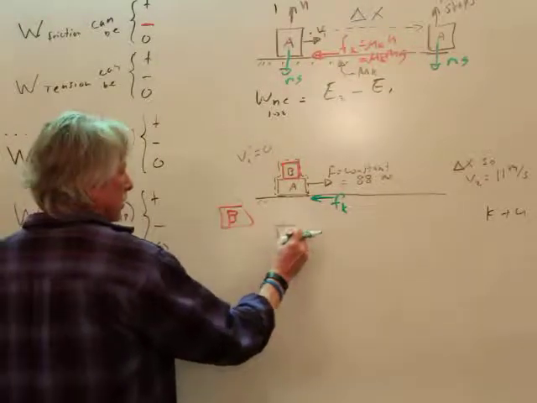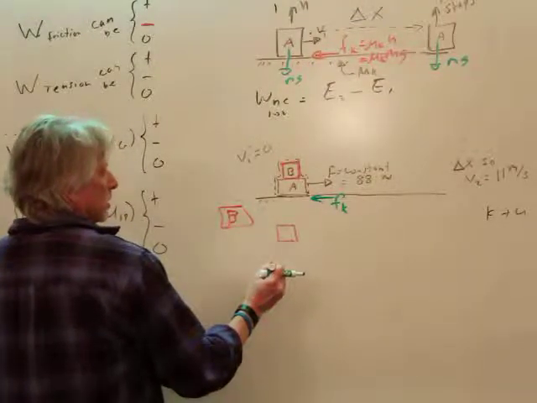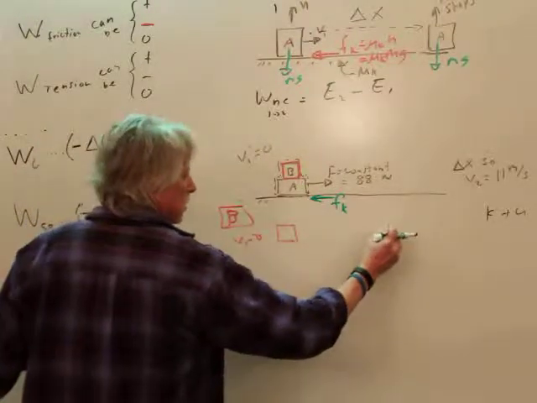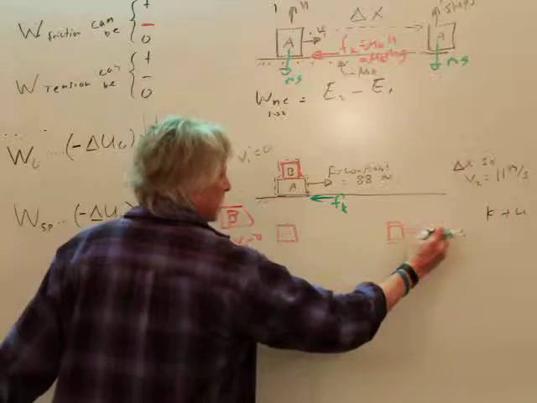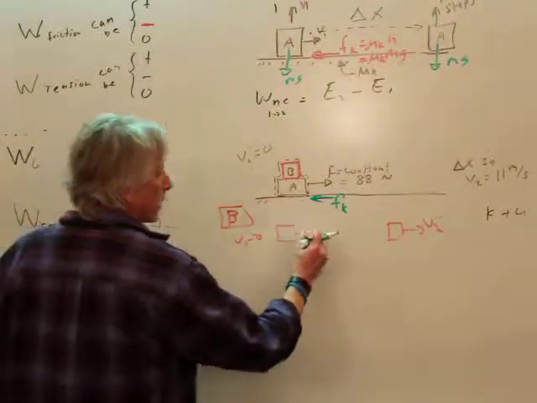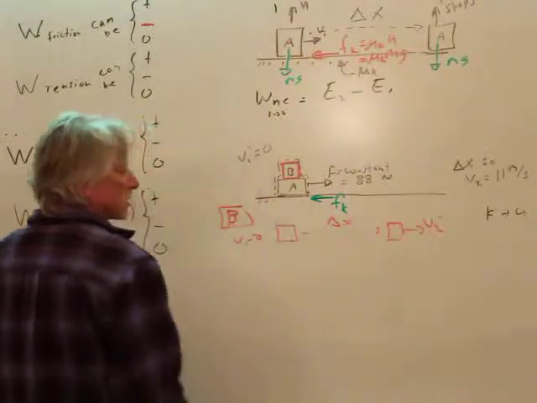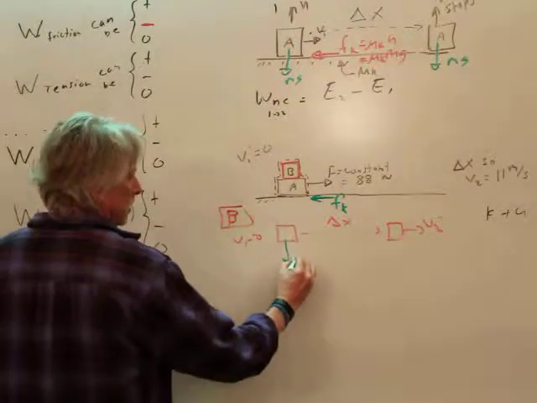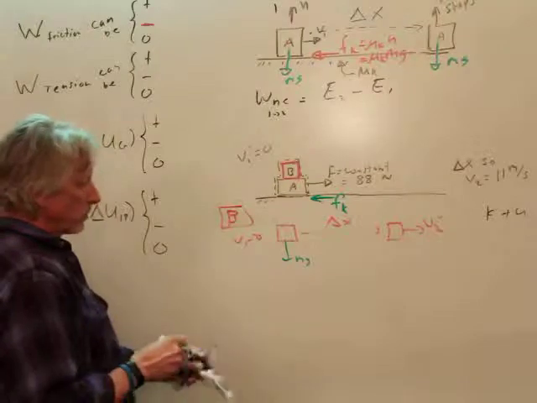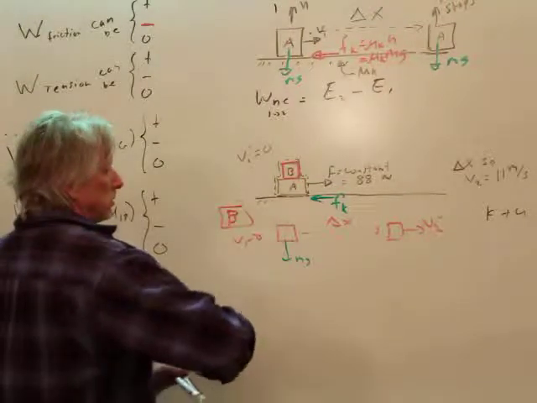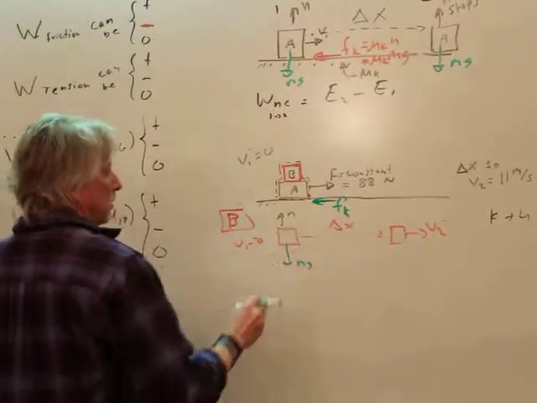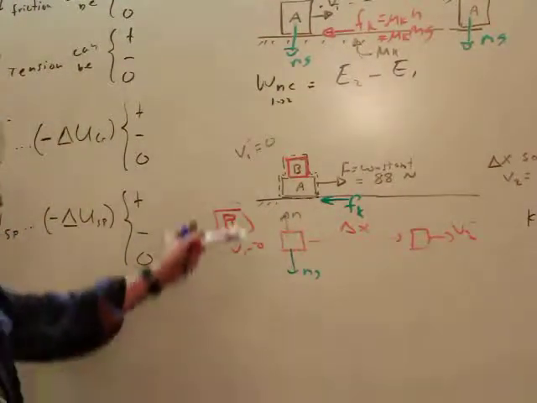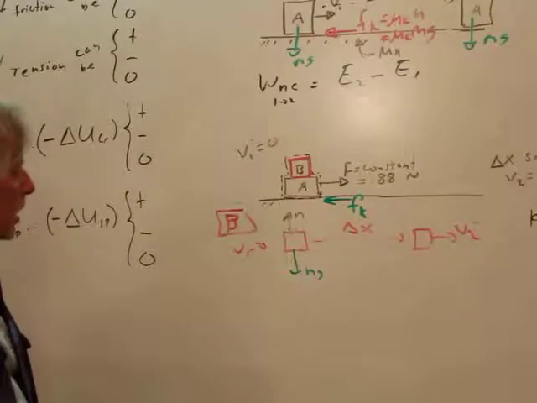Well, let me draw a little picture of B. B goes from V1 equal to 0 to V2 over that same distance, delta X. I've got forces on it. I've got force of mg. I've got force of normal. They balance in this case, so I do know that the strengths are equal. In this case, you can see that.